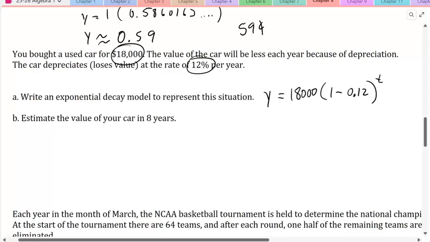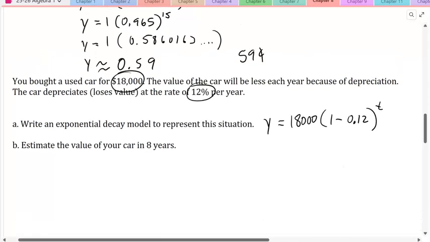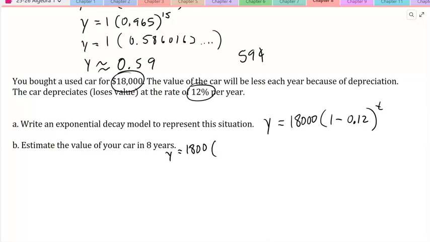Now let's find the value of that car in 8 years. So $18,000 multiplied by 1 minus 12%, and 8 is our power, to the power of 8.